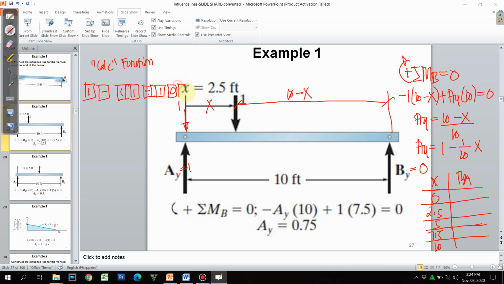Enclose that in parentheses, and then multiply that by x. We're going to represent x by the variable a in your calculator, so alpha a, or you may use the x variable or alpha x.